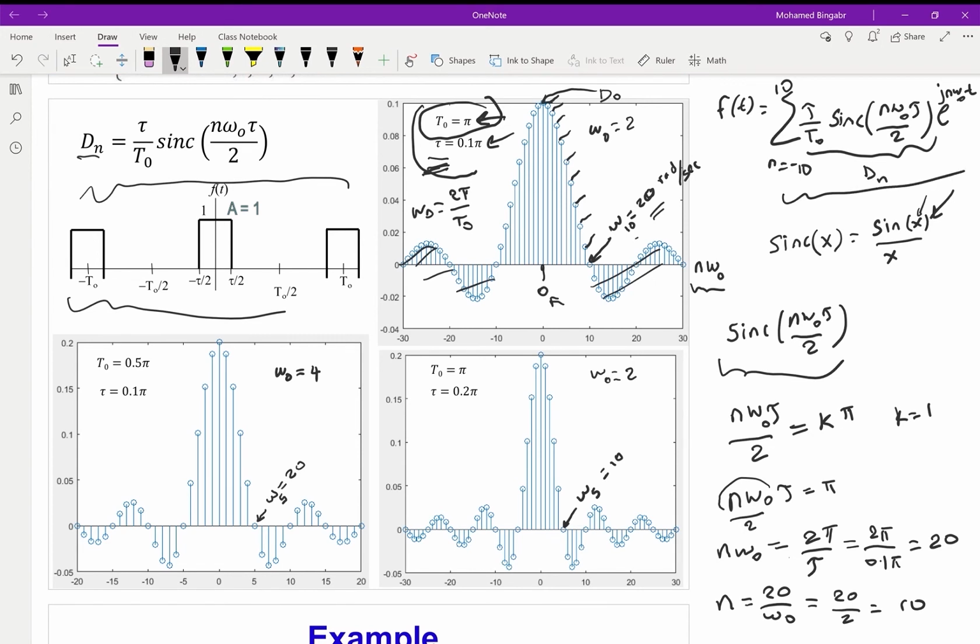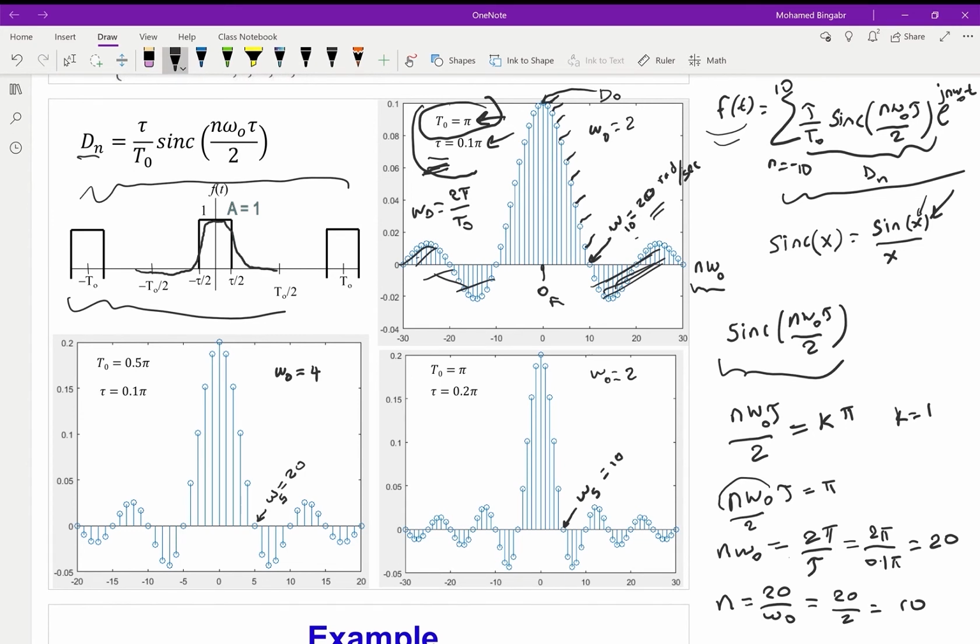So only 10 harmonics. F of t, this signal will look something like this. Why? Because I deleted all high frequency, and usually the high frequency causes this edge. So I'm missing this edge. So my signal now from only 10 harmonics will look like this.